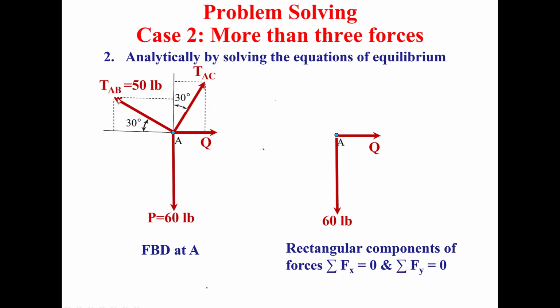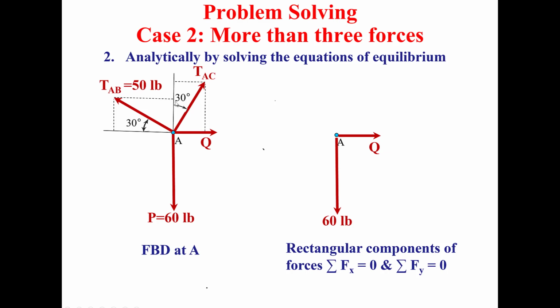Now the force TAB, the tension in rope AB, it has 50. Now it has 2 components because it has 30 with the horizontal. Since the 30 is with the x-axis, the component in the x-axis is going to be what? In the negative direction, it's going to be 50 multiplied by cosine, and the vertical one will be 50 multiplied by sine.